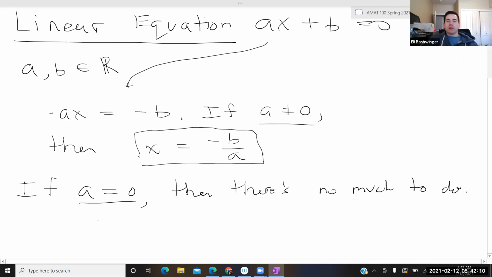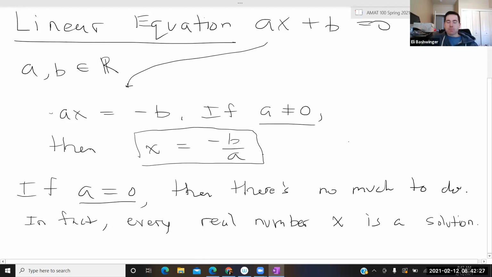So actually under this case, in fact, you can say every real number x is a solution. Because if a is 0, then whatever x is, a times x will also be 0, and if b also has to be 0, then the equation will be satisfied.